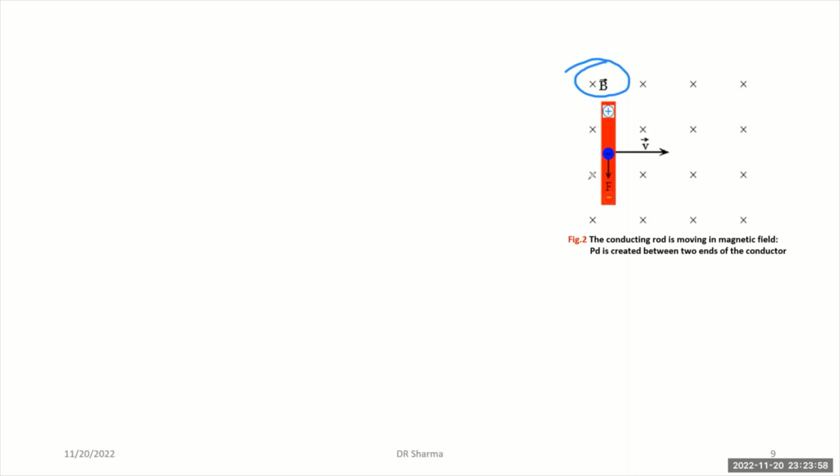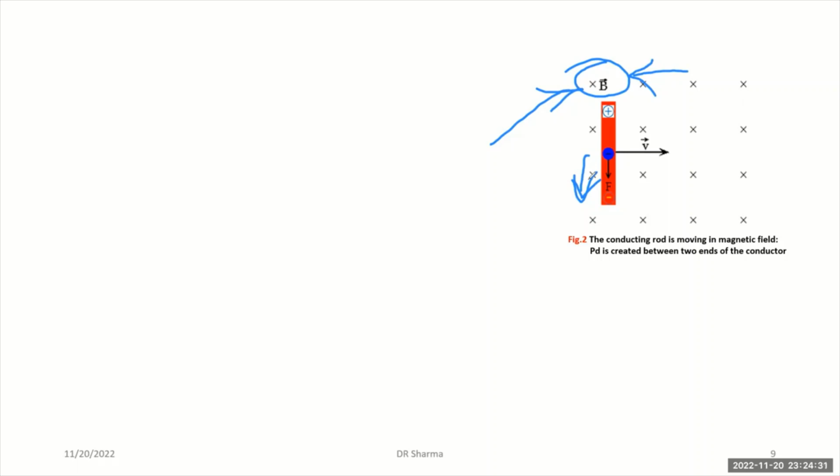The motional EMF is the maximum potential difference created due to the motion of a conductor in a magnetic field for a given value of magnetic field. If you increase the magnetic field, the downward Lorentz force will increase, and the potential difference can be increased further, and that would not be the maximum value.